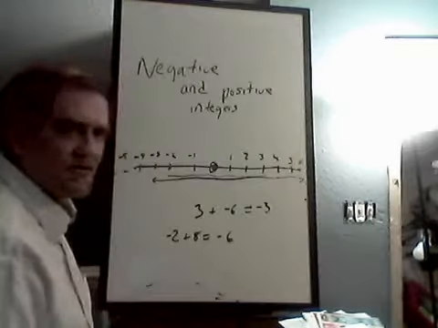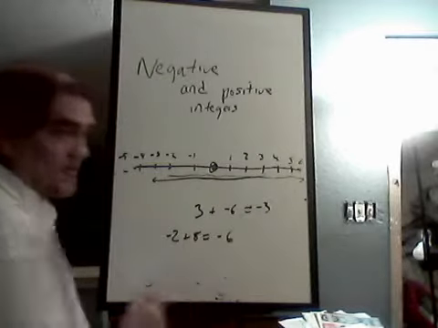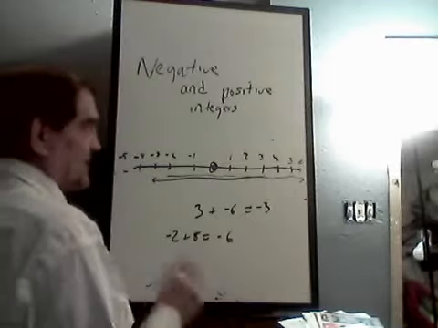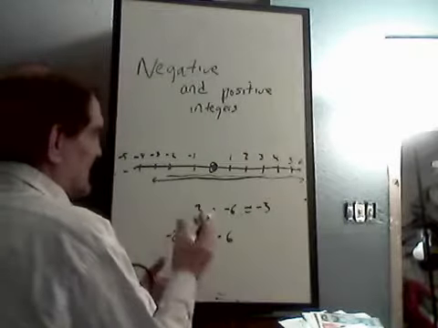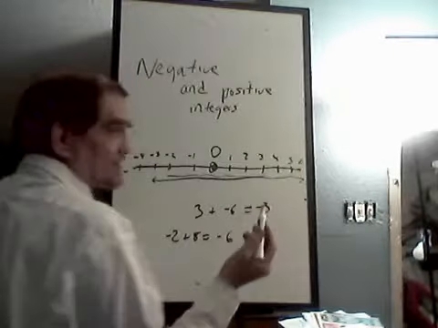So the number line is our guide. Anytime you're dealing with negative and positive, you're having to deal with which side of the 0 is the answer.